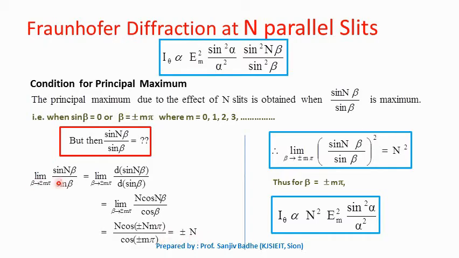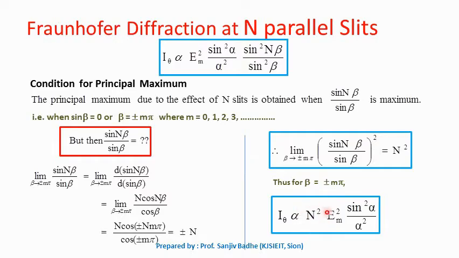Intensity is directly proportional to the square of this. Therefore the limit as beta approaches plus or minus m pi of (sin n beta upon sin beta) squared can be written as n square. Thus when beta is equal to plus or minus m pi, the intensity is directly proportional to the square of n. What is n here?